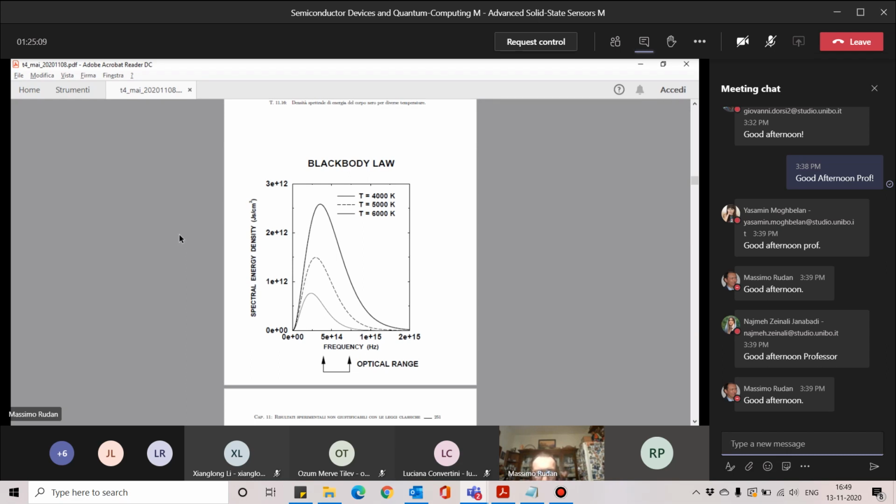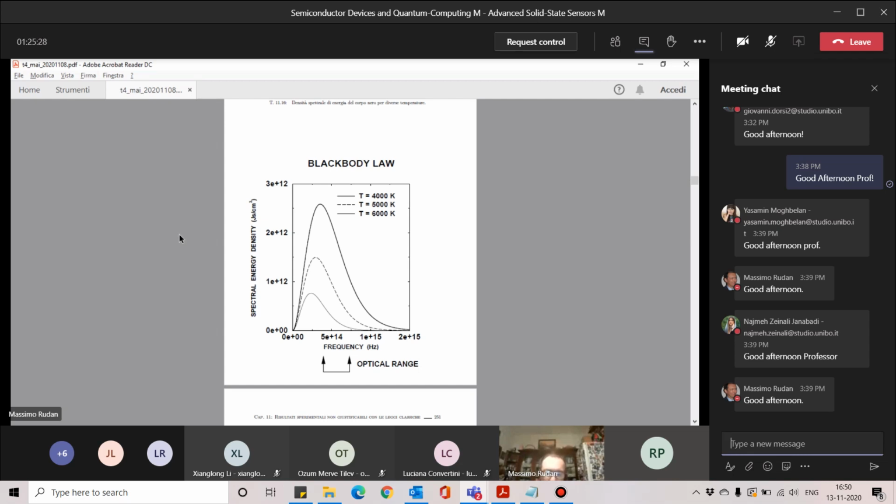As a function of frequency, you remember that we expect a universal law, so it must depend only on universal constants that we don't know yet, okay, but we should calculate them. And the two variables are frequency and temperature.